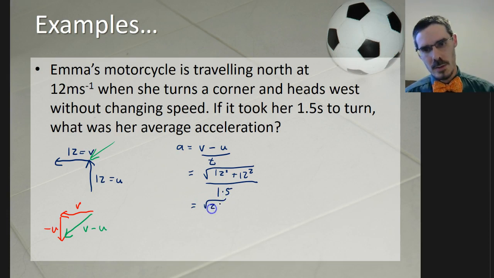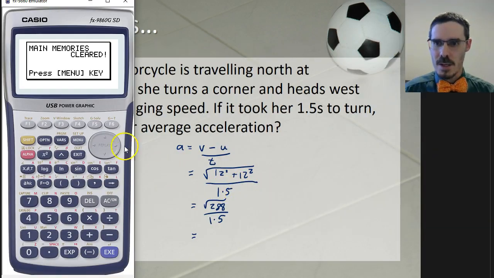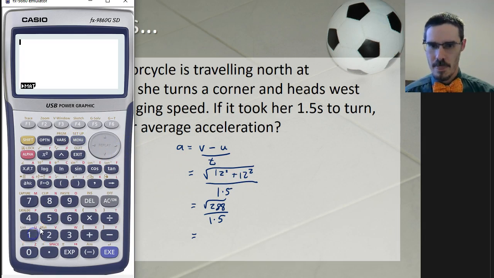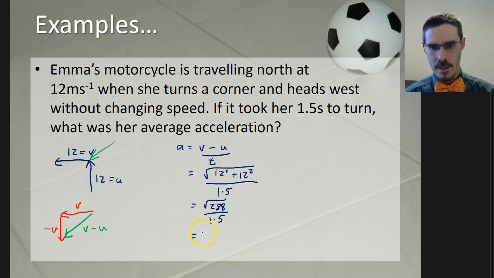That's the square root of 288 over 1.5. I'm not going to try and do that in my head. Here's my calculator. The square root of 288 divided by 1.5, 11.3. 11.3 meters per second squared.